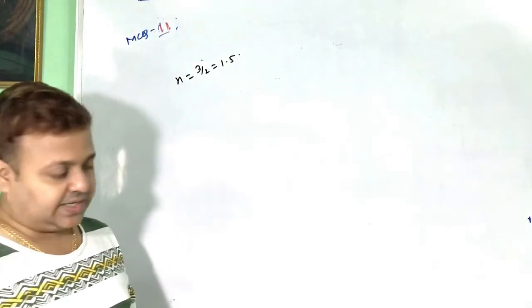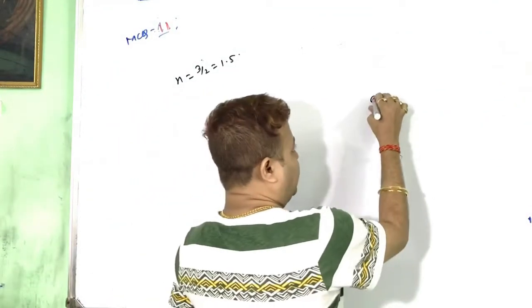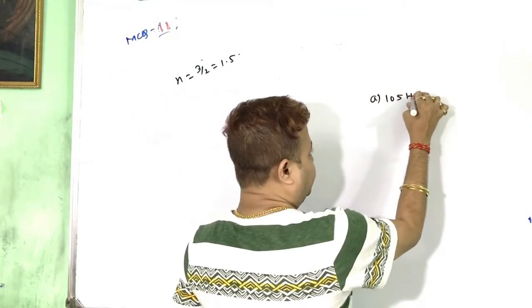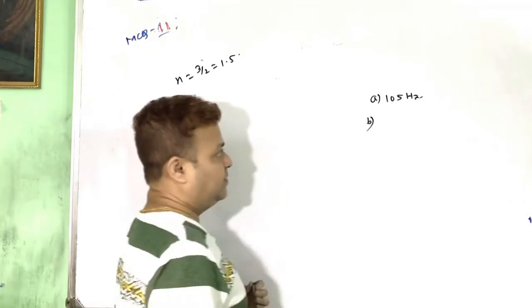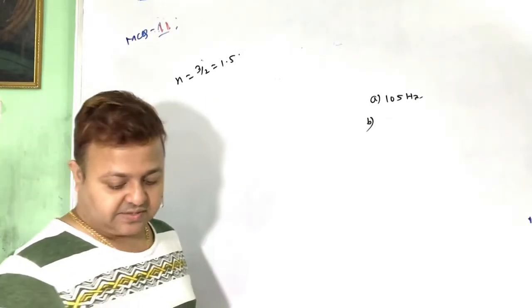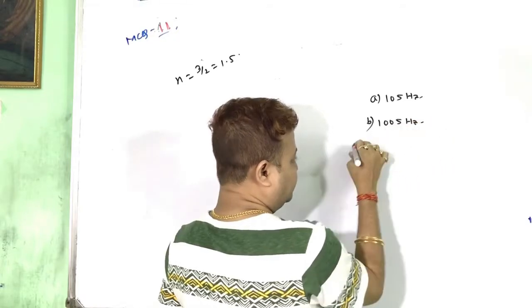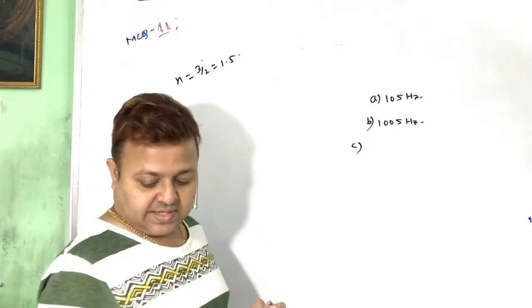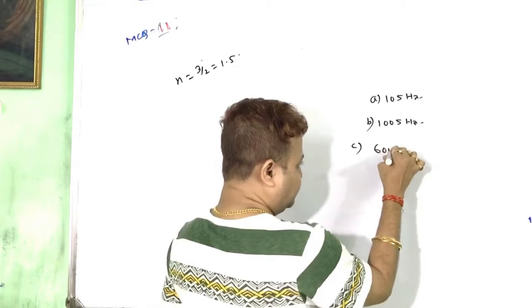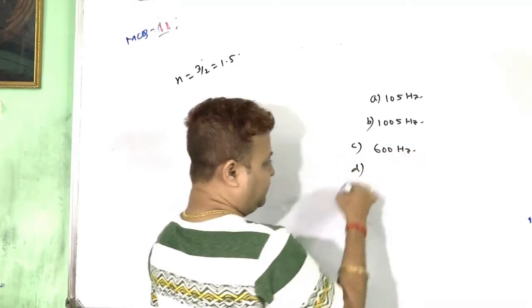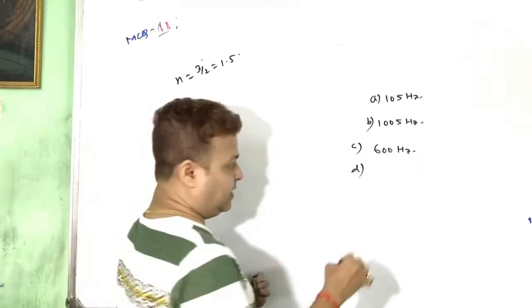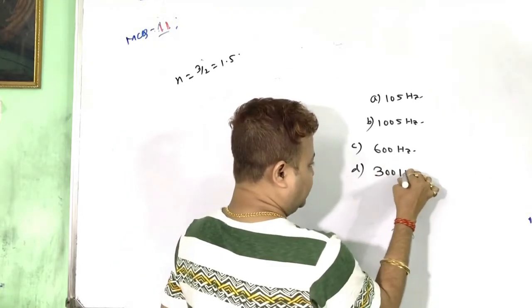Calculate the frequency of each wave. Option A 105 Hz, B 1005 Hz, C 600 Hz, and D 300 Hz.